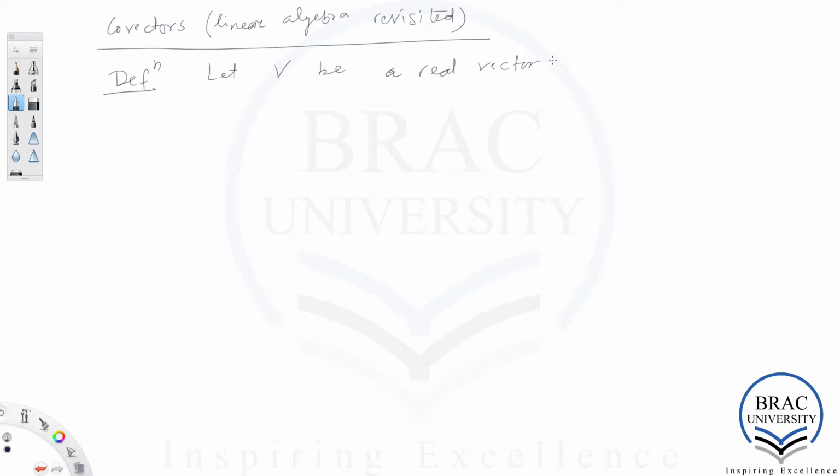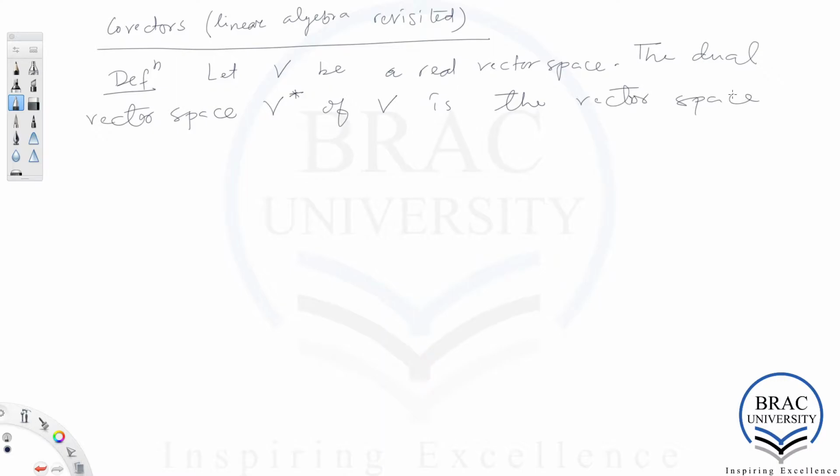The dual vector space V star, which we denote by V star of V, is a vector space consisting of linear maps from V to R. So we consider all linear maps from V to R, and the collection of all these transformations constitutes the dual vector space V star.